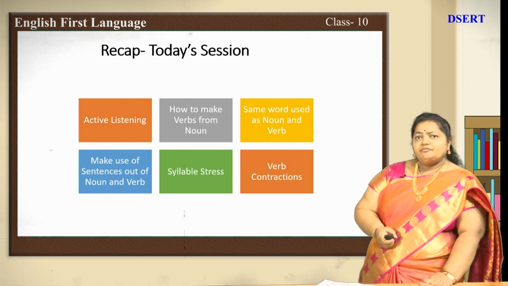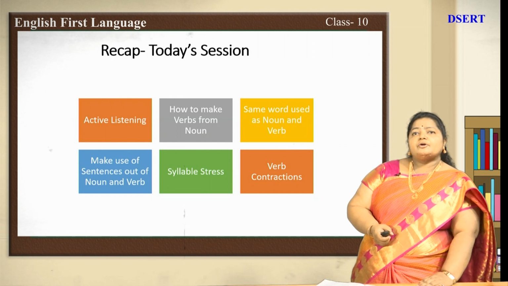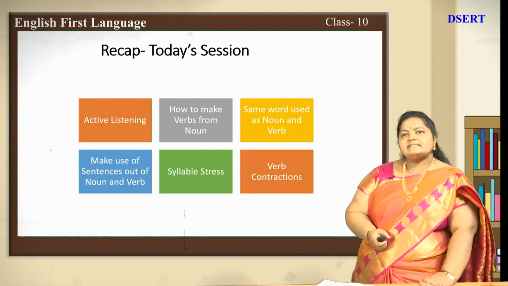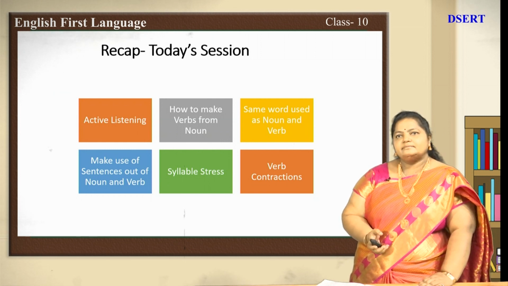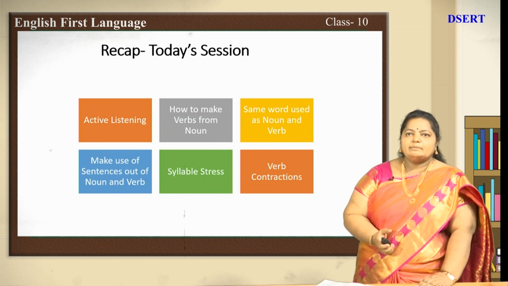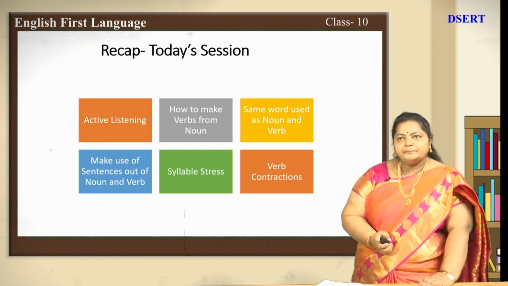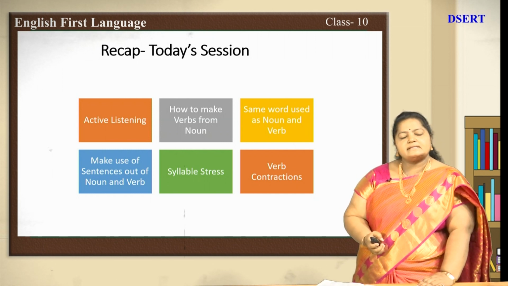After that, we moved to making use of sentences out of nouns and verbs. Then we moved to syllable stress, how to utilize the syllable stress, and we learnt a small trick. The last one, we learnt about verb contractions and how to make use of verb contractions while speaking and while applying them in a sentence.